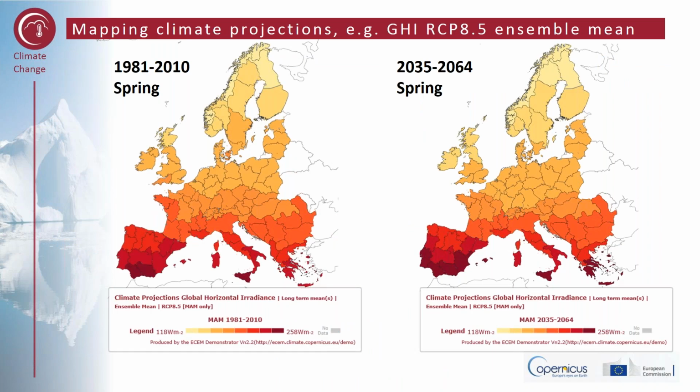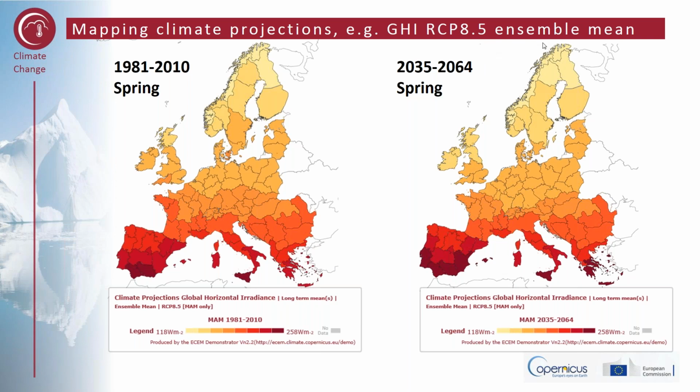So now, finally, let's have a quick look at some of the projections themselves. And this is an example of the types of maps that can be produced. Here we're looking at global horizontal irradiance, GHI, for the high emissions scenario, RCP 8.5.